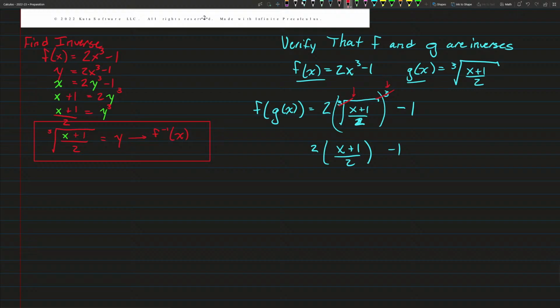Then you should see that 2 times anything over 2, those cancel. And then we have x plus 1 minus 1. And again, this plus 1 and this minus 1 cancel each other, and you're just left with x. Okay, this means that f and g are inverses of each other.